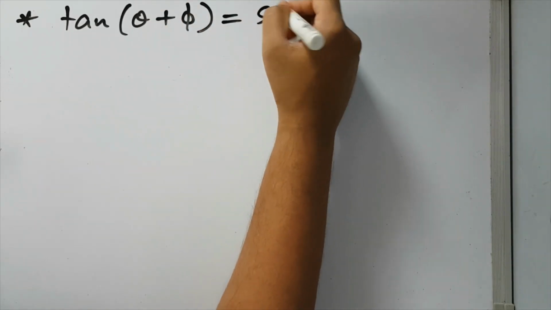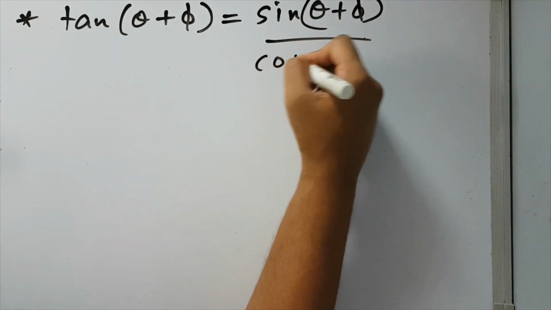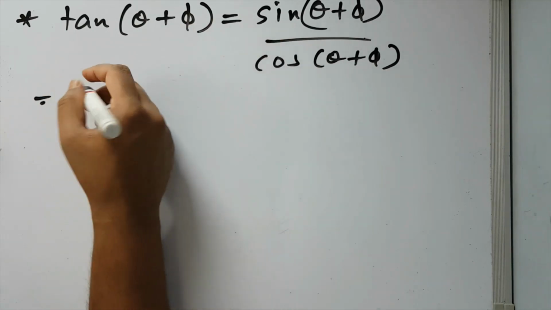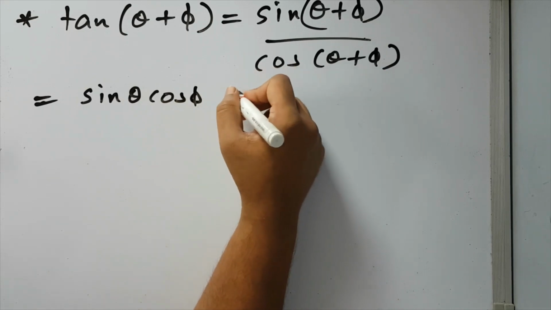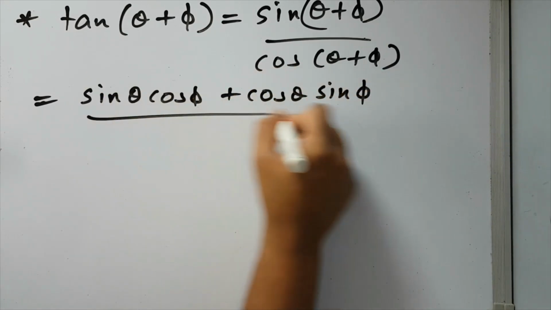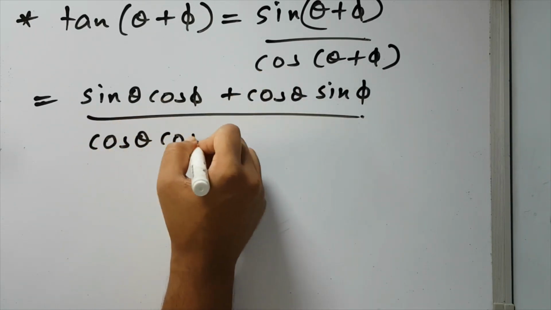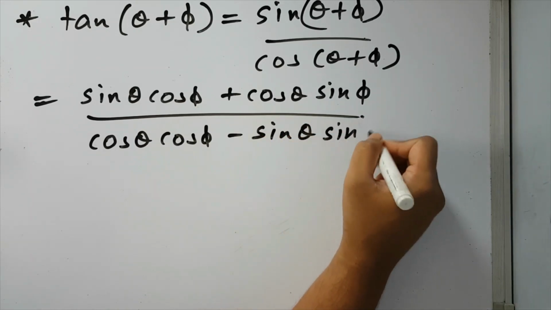This would be sine of theta plus phi divided by cos of theta plus phi. Sine of theta plus phi is sine theta cos phi plus cos theta sine phi, divided by cos of theta plus phi, which is cos theta cos phi minus sine theta sine phi.